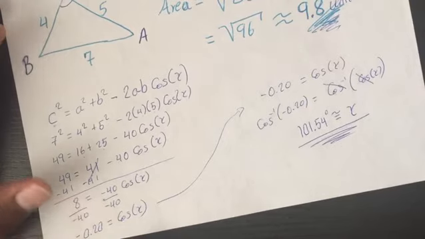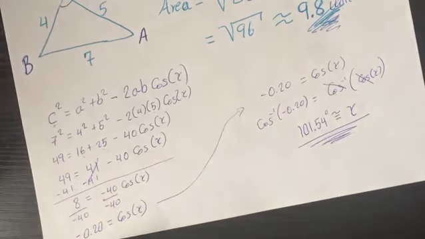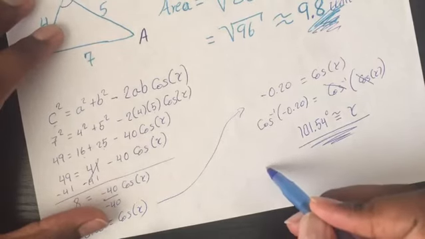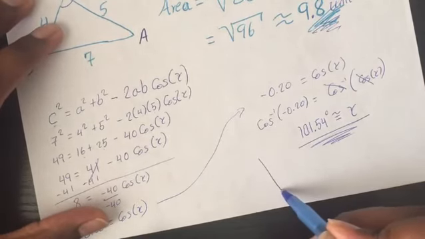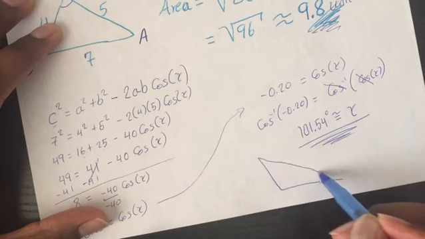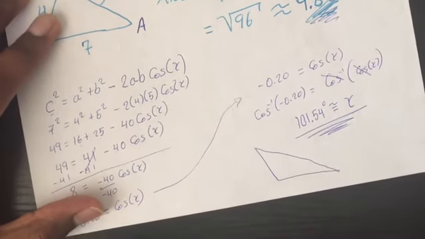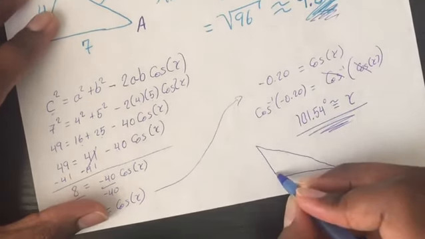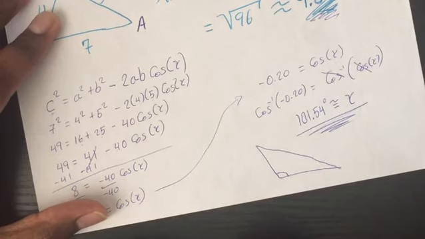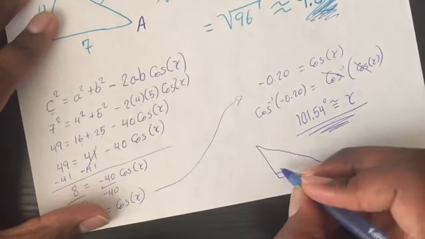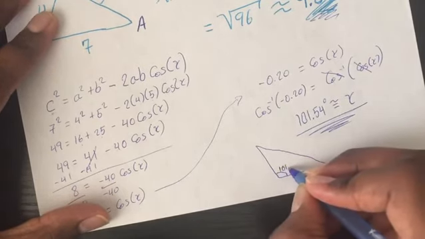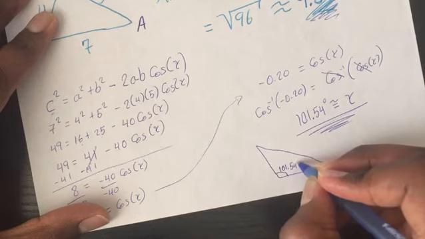So that means my triangle in this case would be an obtuse triangle. It's going to look like this, where one of the angles is more than 90. So in this case, this would be 101.54 degrees.